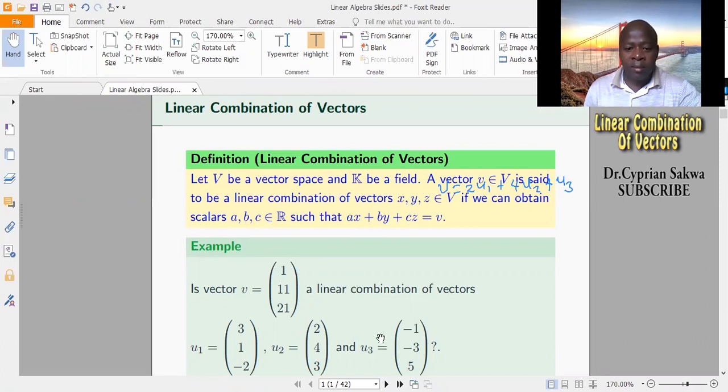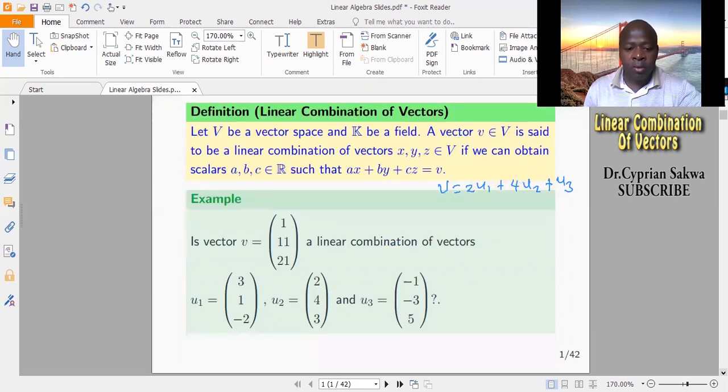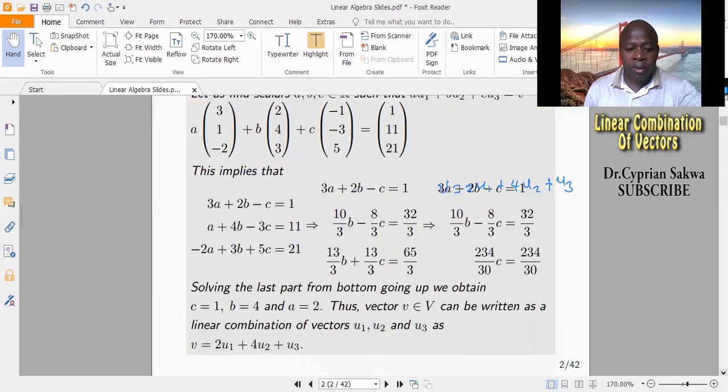And in this example, we've seen that the scalars A, B, C exist, and therefore we conclude that V is a linear combination of U1, U2, and U3. So that's what I wrote here. I said thus, vector V can be written as a linear combination of these other 3 vectors. And it's here. Let me just clear this.